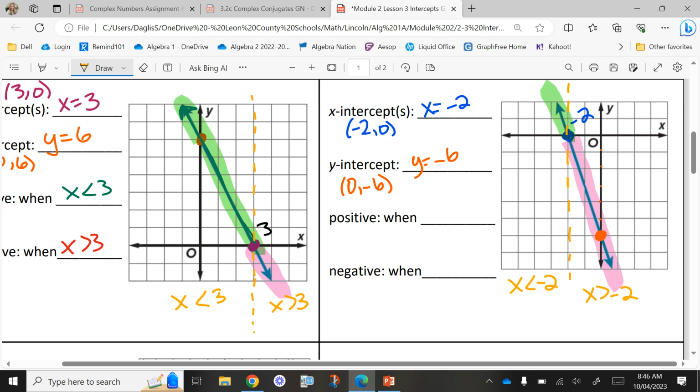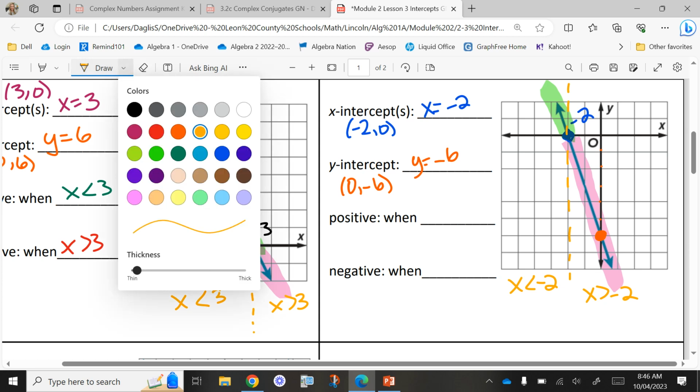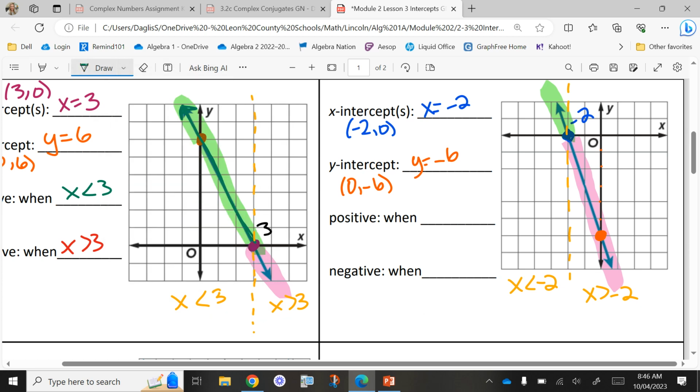On the left side, when x is less than -2, on the left side of -2, are we positive or negative? On the left side of -2, yeah. See when my arrow is pointing to the left? So over here, that's the green piece. Is that positive or negative y values?